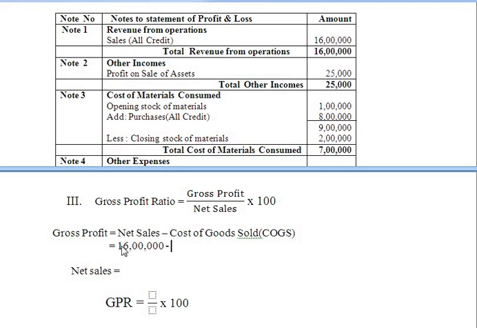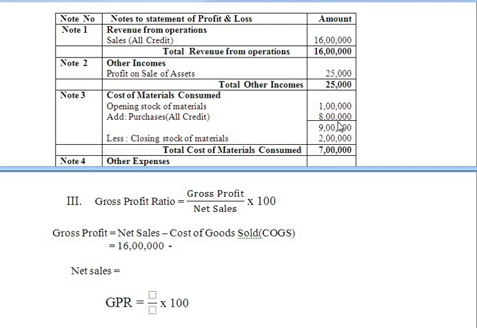Minus, what is the cost of goods sold? Whether it is given? Yes. Where? Check here, note number 3. Cost of materials consumed is nothing but cost of goods sold. And how much is cost of goods sold? Here we have calculated. Opening stock is how much? 1 lakh.